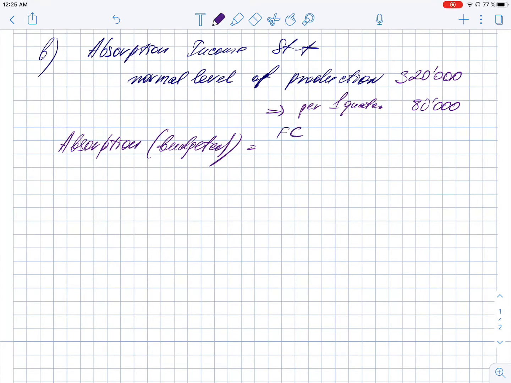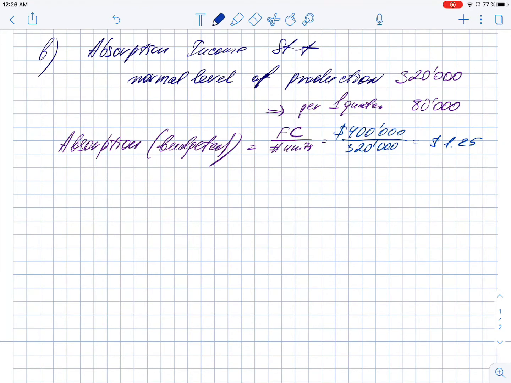Fixed cost, the total amount, should be divided by the number of units. And here we will receive, if we divide $400,000 by the total amount of units to be produced per annum, 320,000 units, it gives us $1.25 per each unit to be produced, or fixed cost to be included.